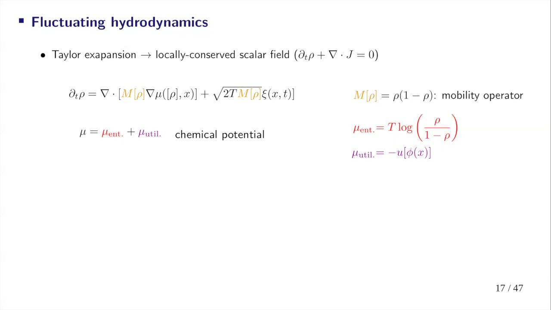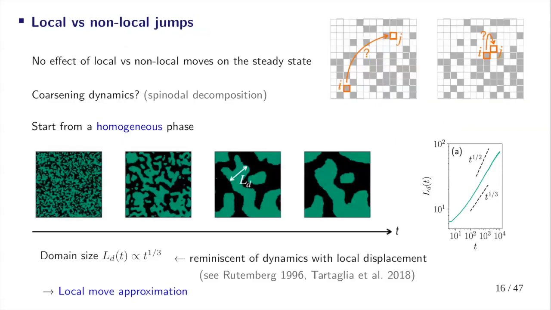And do you have a plot showing how the domain size depends on the system size? I don't have the plot. Because you only check the dynamical scaling. Yes, so okay, so rigorously, if the system is very, very large, this should be a t^(1/3) behavior. Okay. But this is the time dependent, the dynamical scaling. Yes.